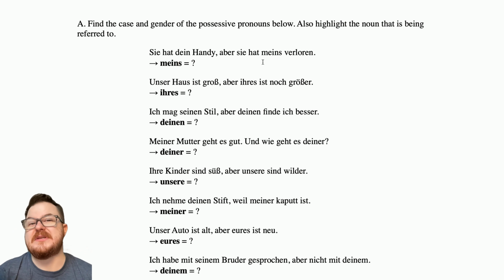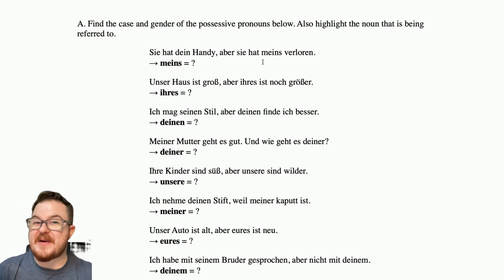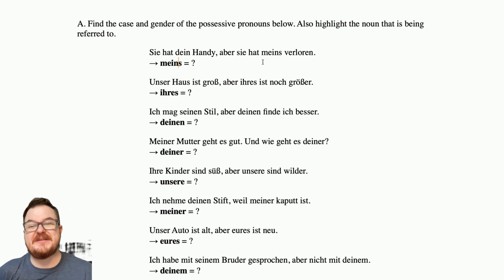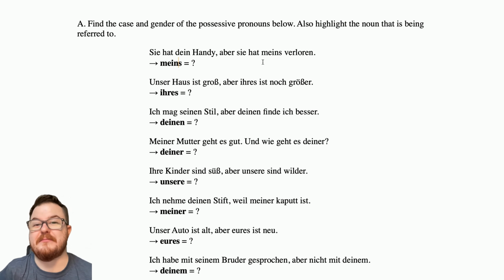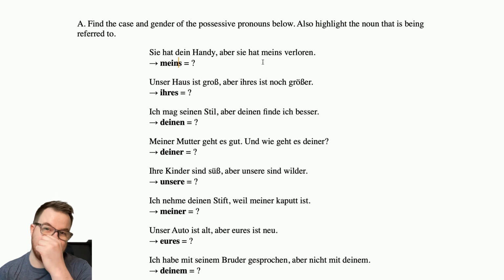Because that's what the textbooks tell us. The German grammar books tell us to put a little E in there. So the sentence would be, aber sie hat meines verloren. But when you hear Germans speaking everyday German, they won't say meines, they'll say meins. Sie hat meins verloren.